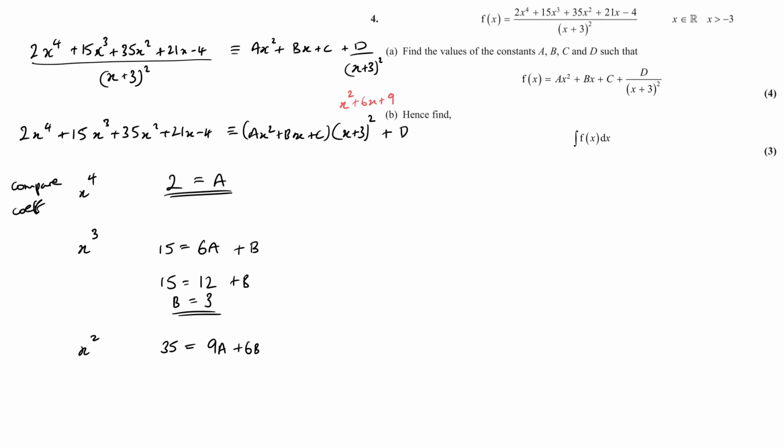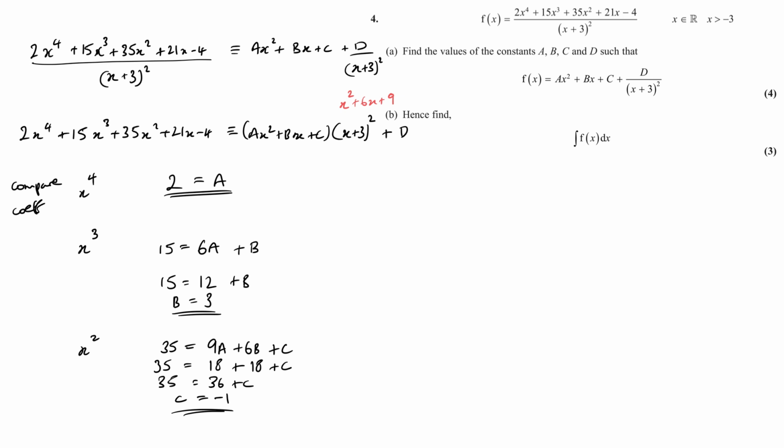And then I've got the c times x squared, so that would just be cx squared, or plus c. And of course, I've already worked out what a and b are. So 9 times 2 is 18, plus 6 times 3 is also 18. So we've got 35 equals 36 plus c, so c is -1.